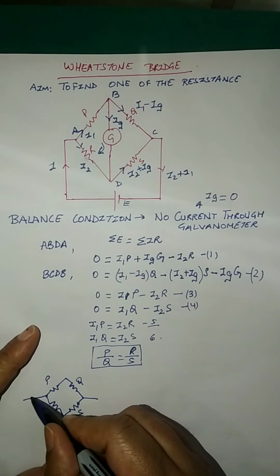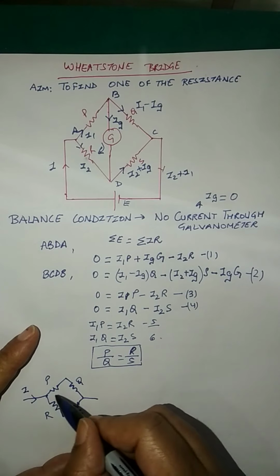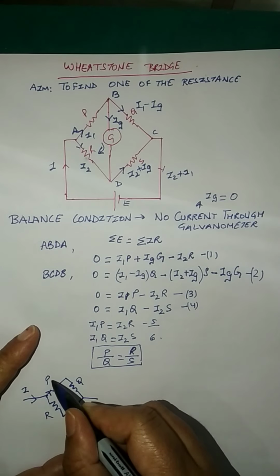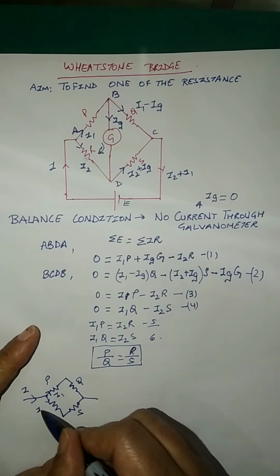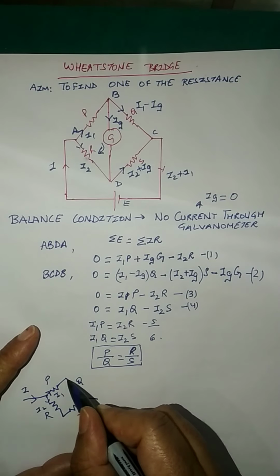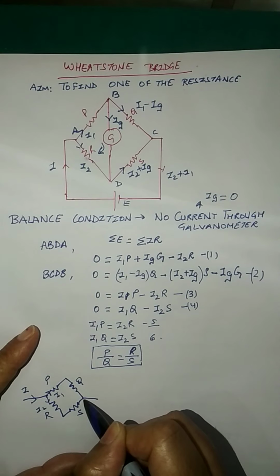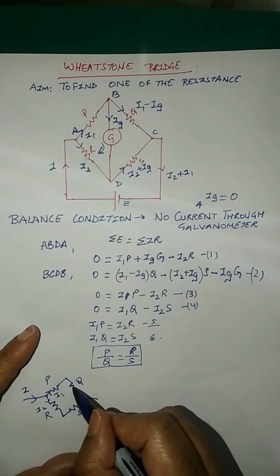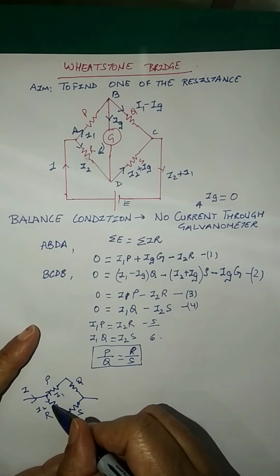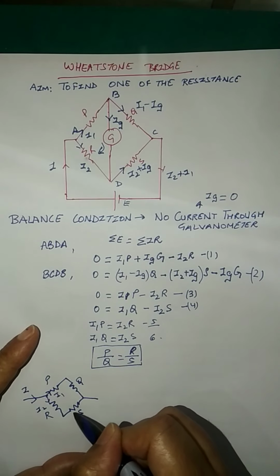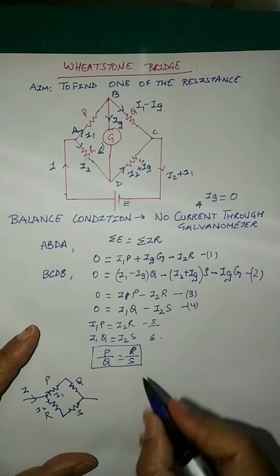So as you can see children, as the current I was coming, now the current I1 will go in this arm and the current I2 will go into this arm, say. So now the same current will flow through the resistance Q. That means P and Q are in series, and similarly I2 current flows through S. That means I can say R and S are in series.